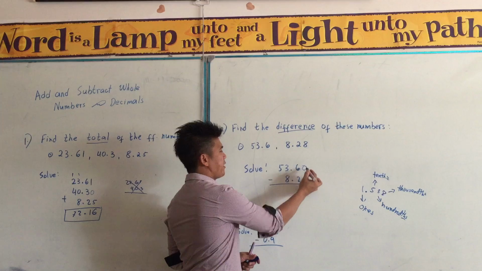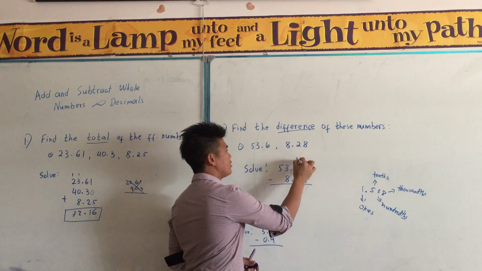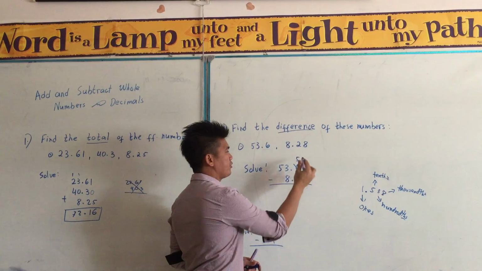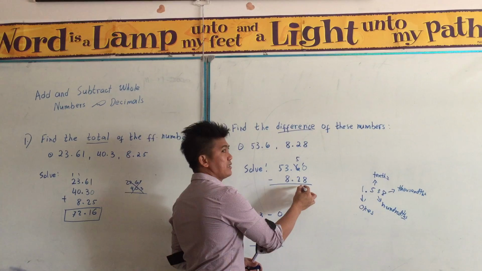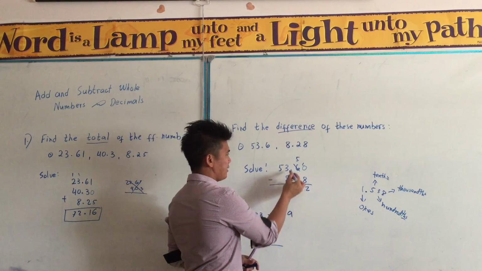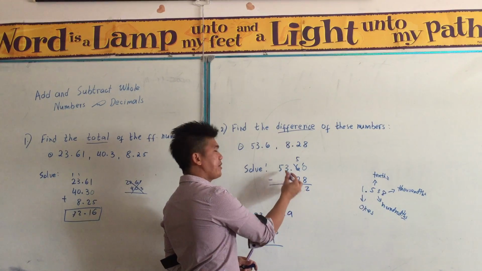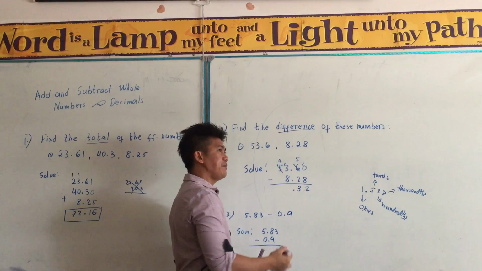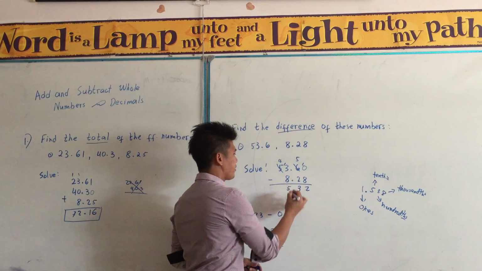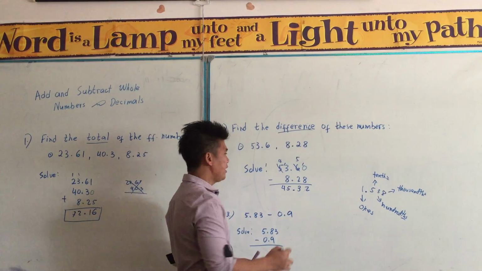So 0 minus 8, need to borrow. This becomes 5, this becomes 10, so 10 minus 8 is 2. And 5 minus 2 is 3. Copy the decimal. Okay? And 3 minus 8 cannot. So this becomes 4, this becomes 13. 13 minus 8 is 5. And bring down 4. Okay?